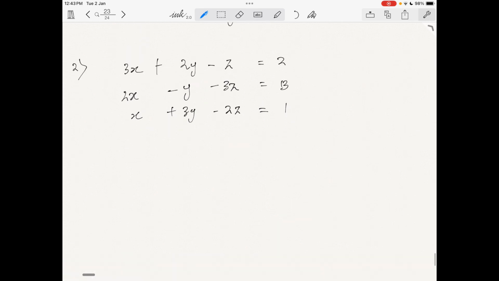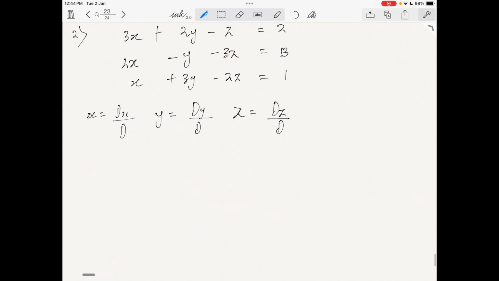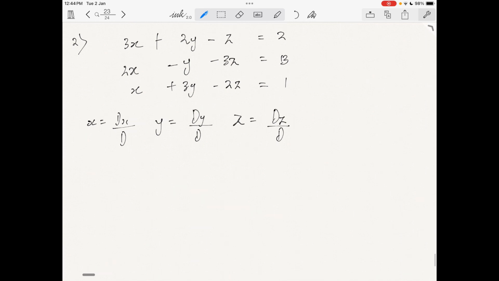Now in this case, you can simply say that our x is equal to dx over d, our y is equal to dy over d, and obviously our z will be equal to dz over d. What is our d? Remember, our d will be the determinant of the coefficients of x, y, and z.